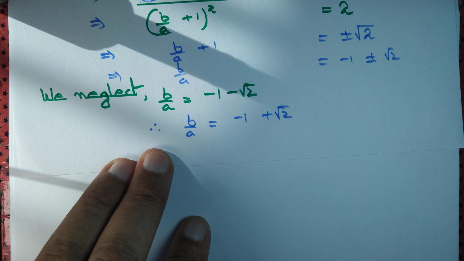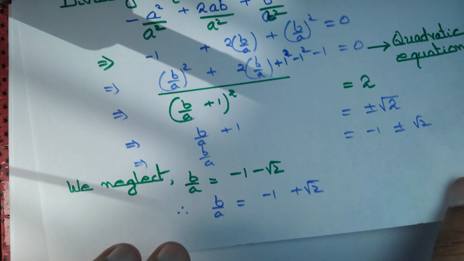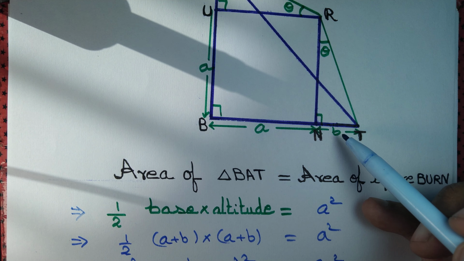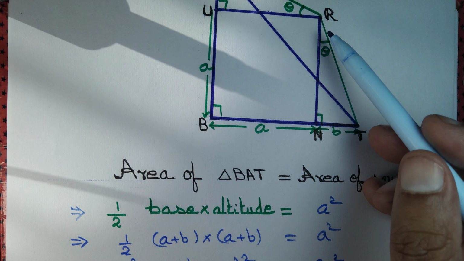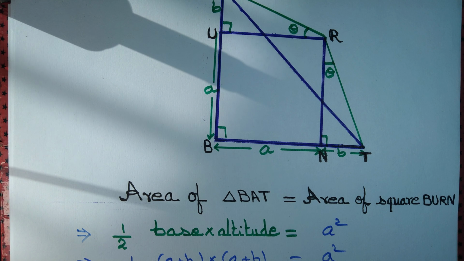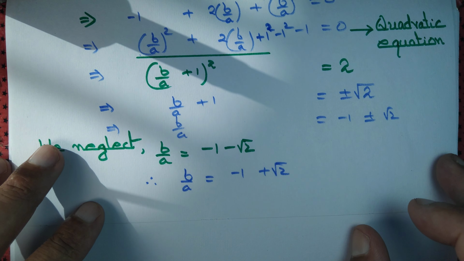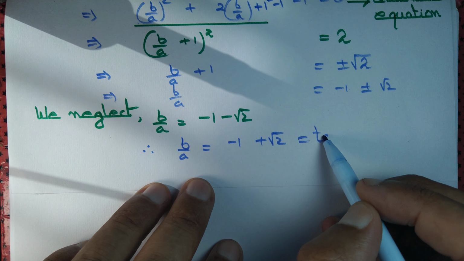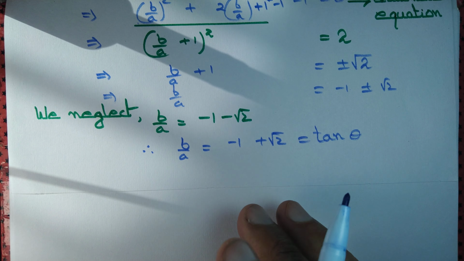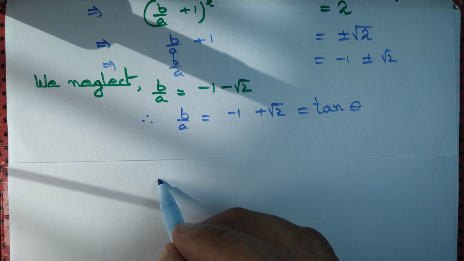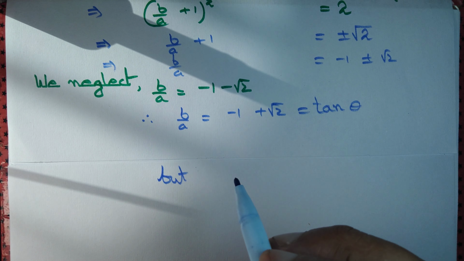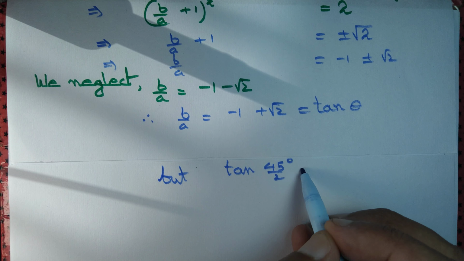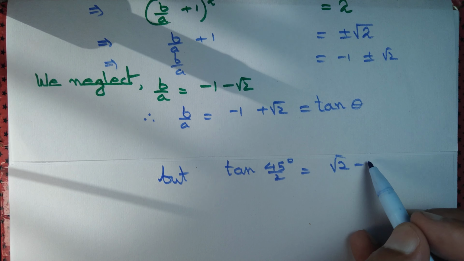Now, we want to solve for tan theta. Observe that tan theta equal to b by a by trigonometry. Tan theta is perpendicular by base, so b by a, that's simply equal to tan theta. But tan 45 degree by 2 equal to root 2 minus 1.